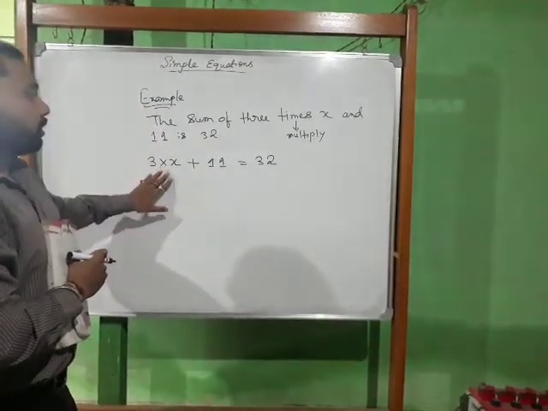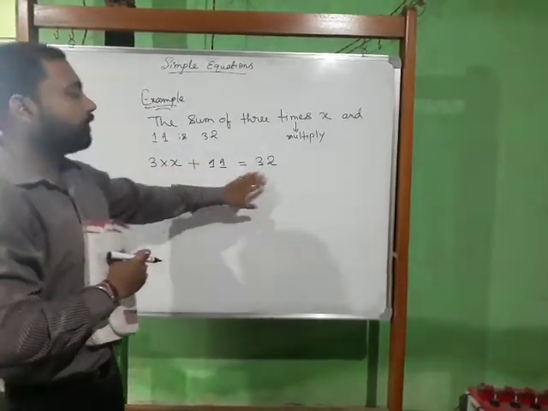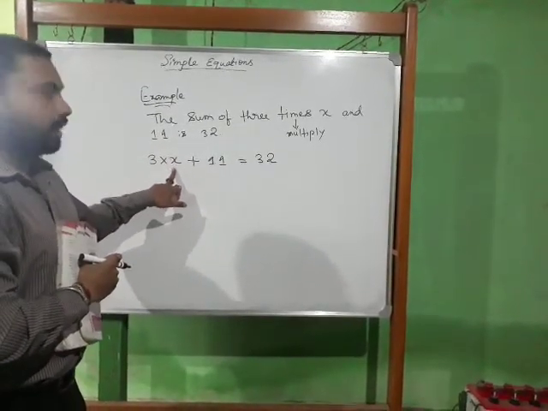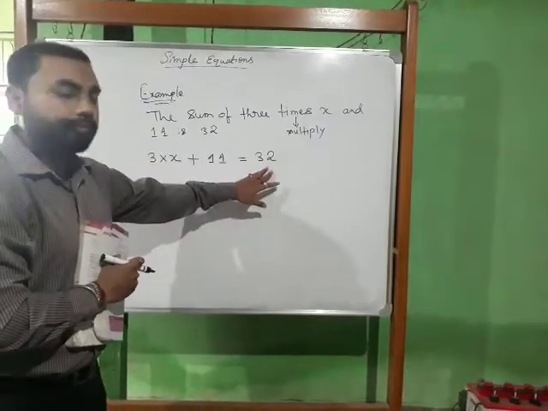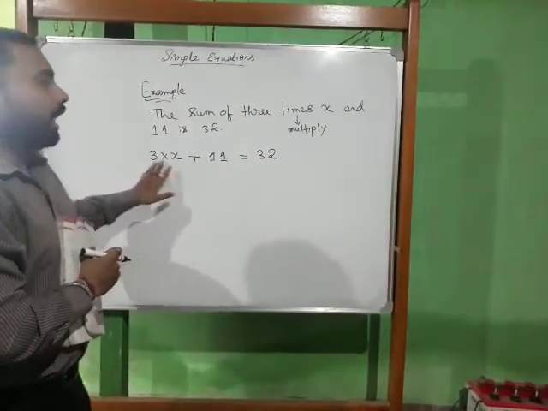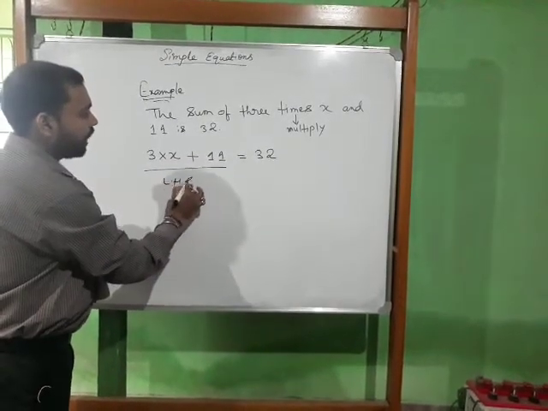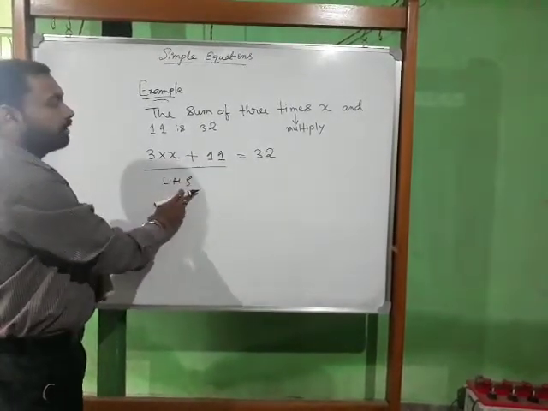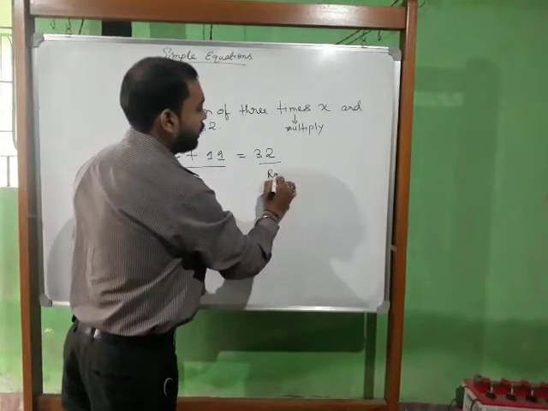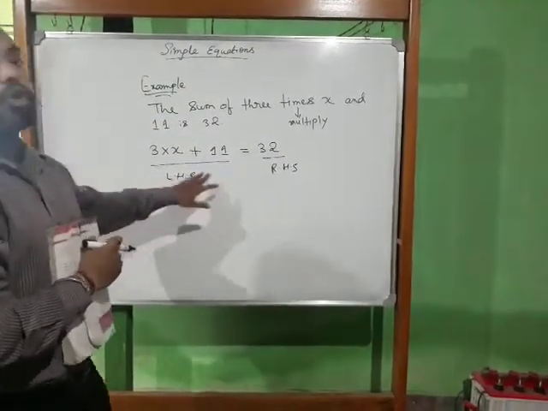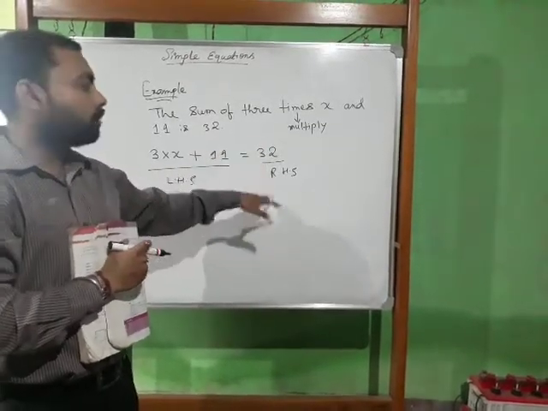Now the thing is, how can you find the value of this x? As I told you, this is an equation, this is the left hand side, LHS, and this is the right hand side. So in an equation, the left hand side should be balanced, that is, should be equal to the RHS.